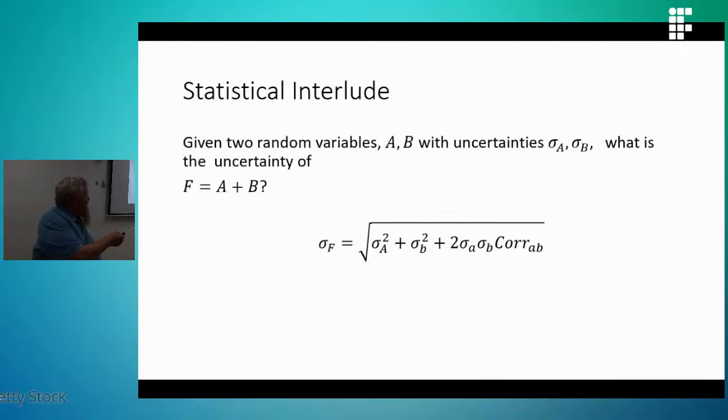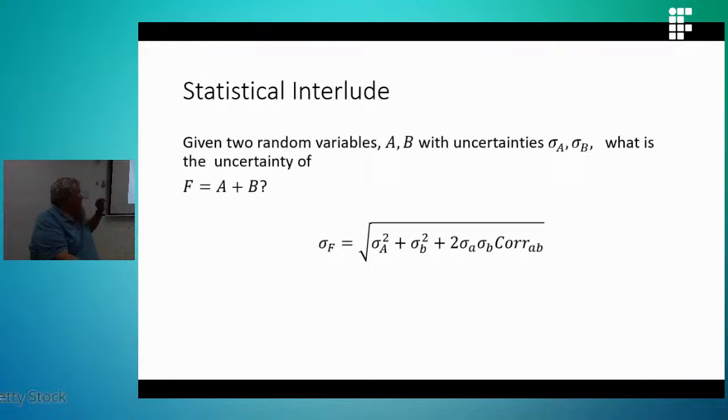And then I have this other term here, and that has to do with if A and B are not independent, that if when A varies, there's some error in A, there's also an error in B. But if I don't have that term, then it's just sigma squared A plus sigma squared B. And if A and B are the same, then that's just going to be square root of 2 times sigma A, which is less than sigma A plus sigma B. Why is this?